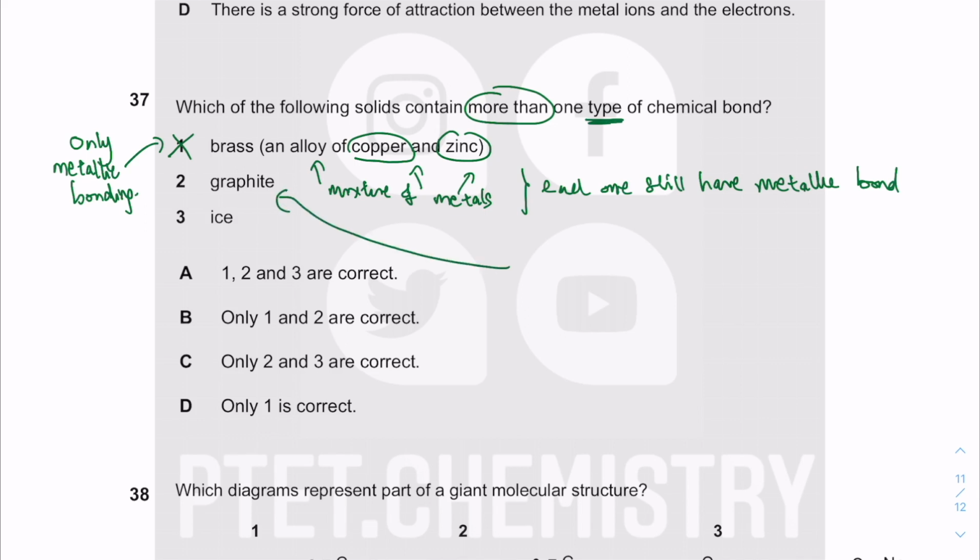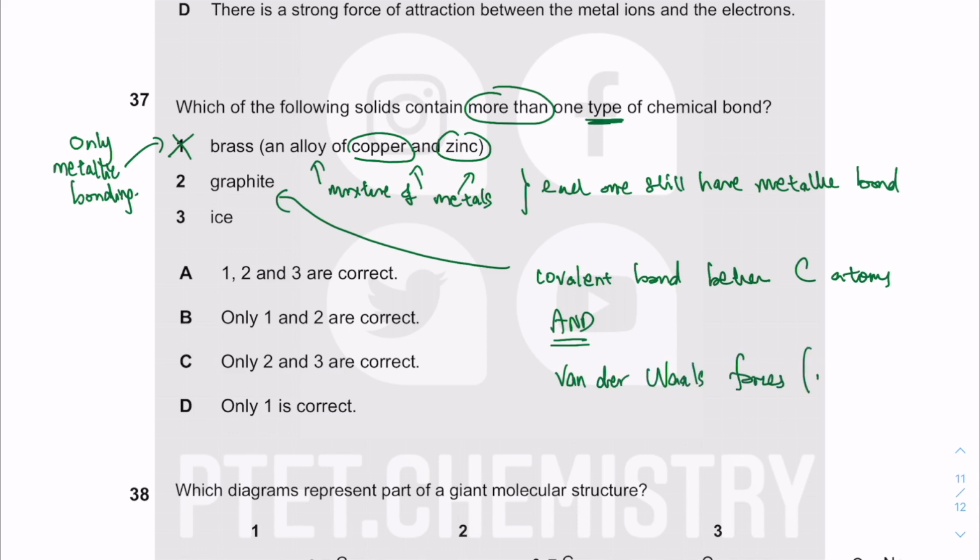Graphite is a tricky one because not only do you have covalent bonds between carbon atoms, but do not forget the layered structure. You have van der Waals forces. This is your case study, right? Van der Waals forces is an intermolecular force of attraction between the layers.